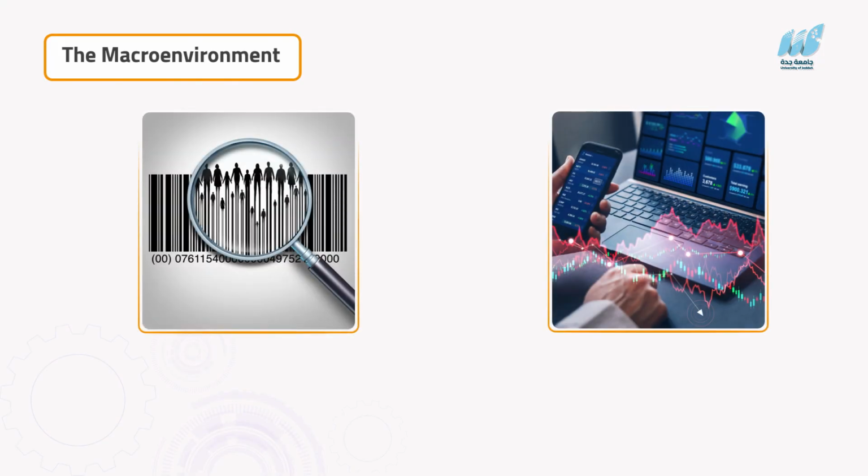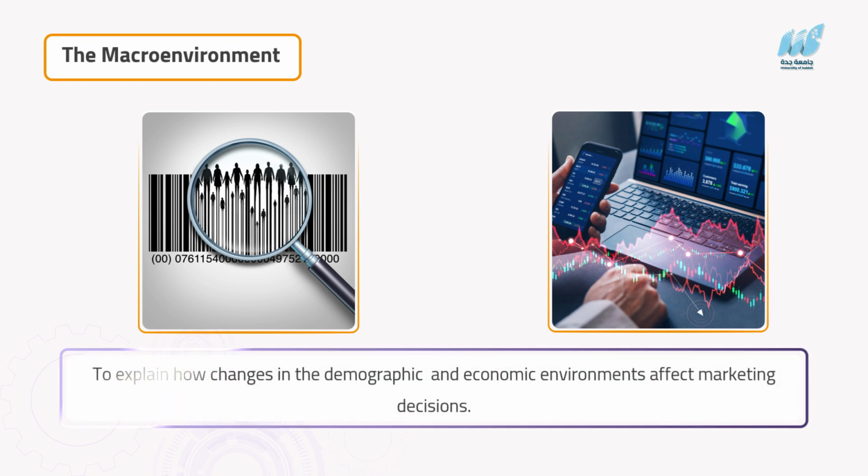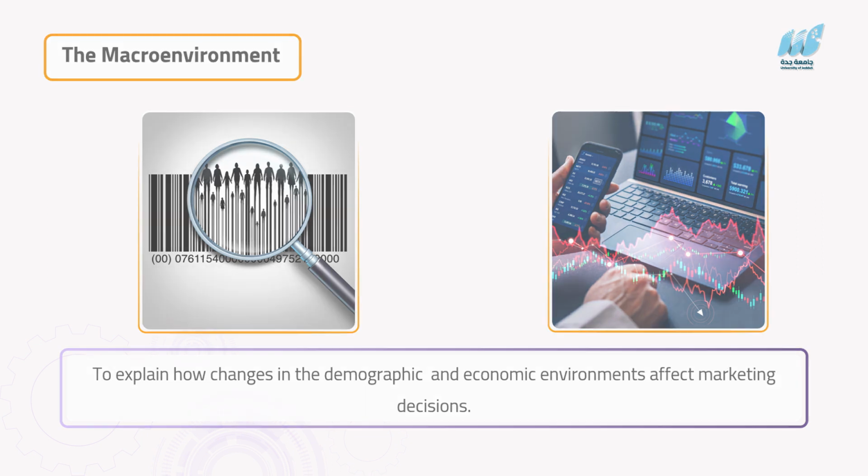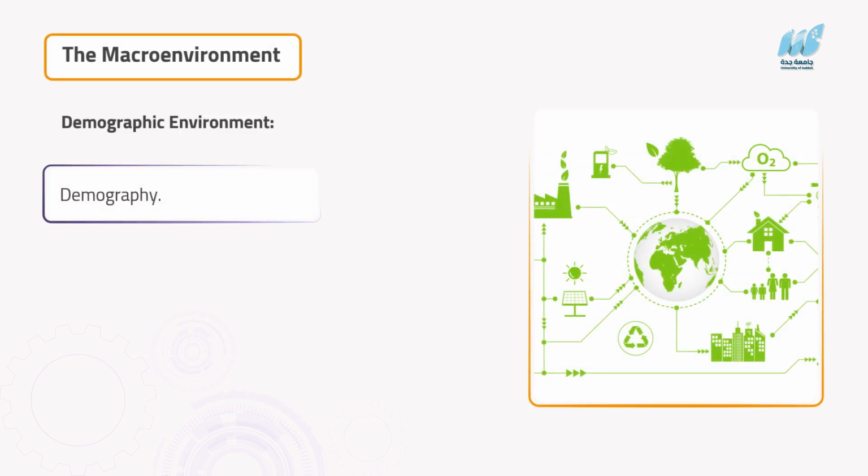The aim of this section is to explain how changes in the demographic and economic environments affect marketing decisions. Demography is the study of human populations: size, density, location, age, gender, race, occupation, and other statistics.